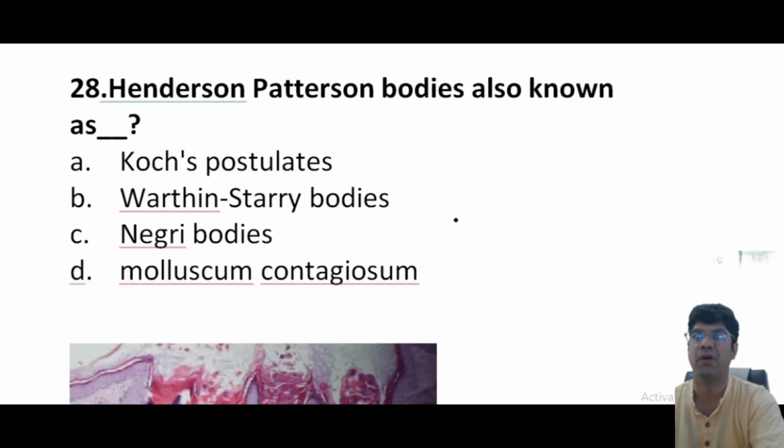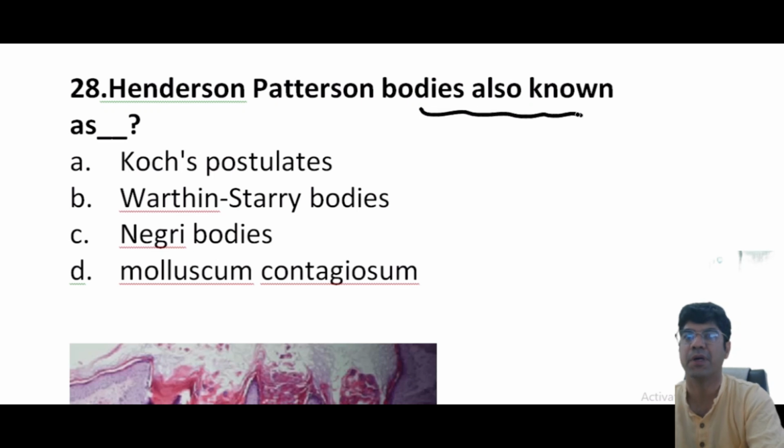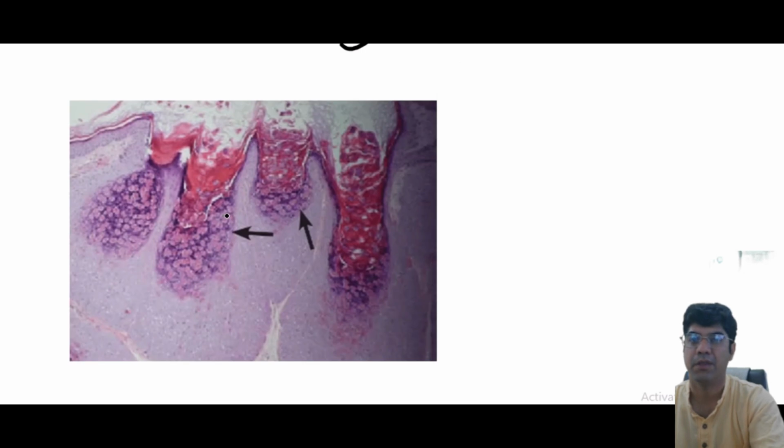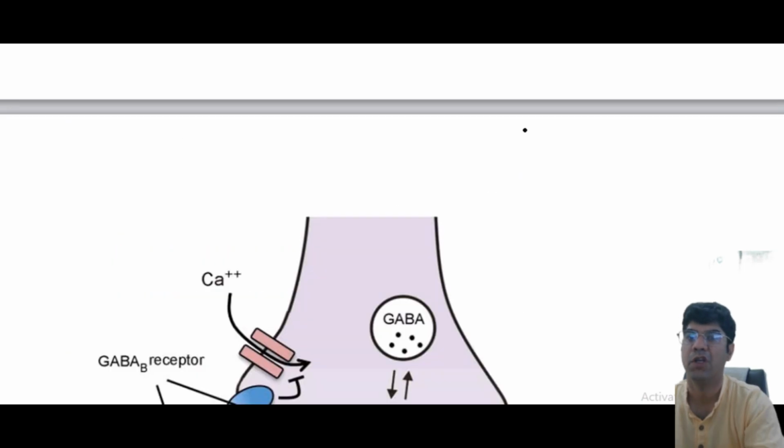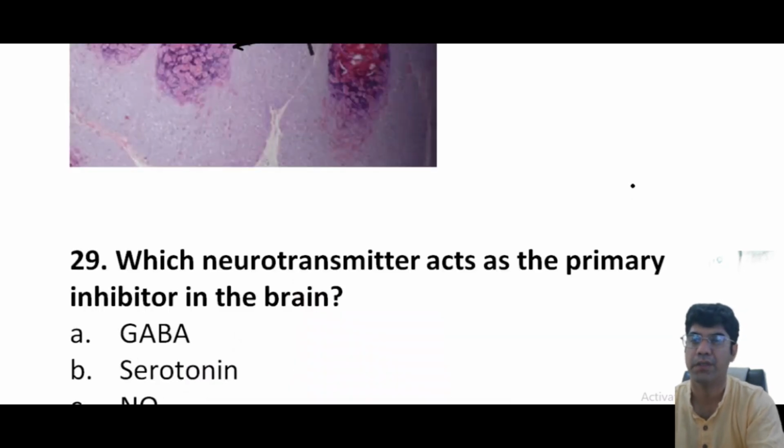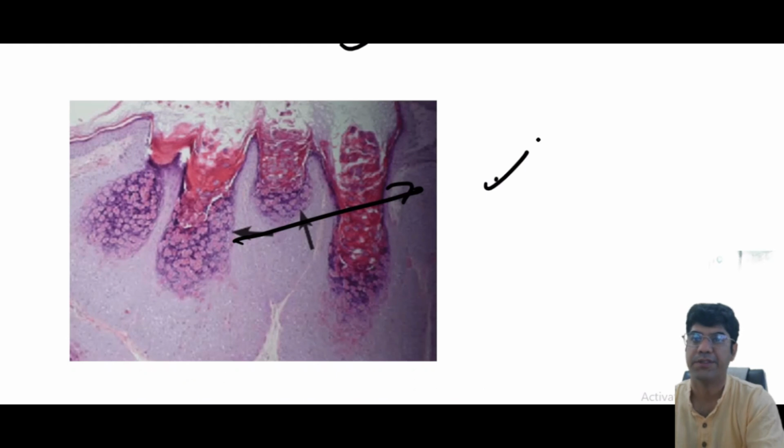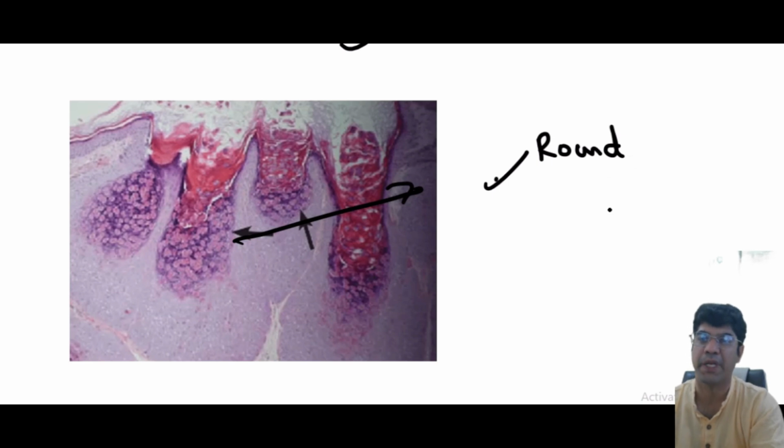Henderson-Patterson bodies are also known as, the answer is molluscum contagiosum. Remember, these bodies are round cytoplasmic inclusions found in the infected cells, and are regarded as a cellular response to the presence of the virus.